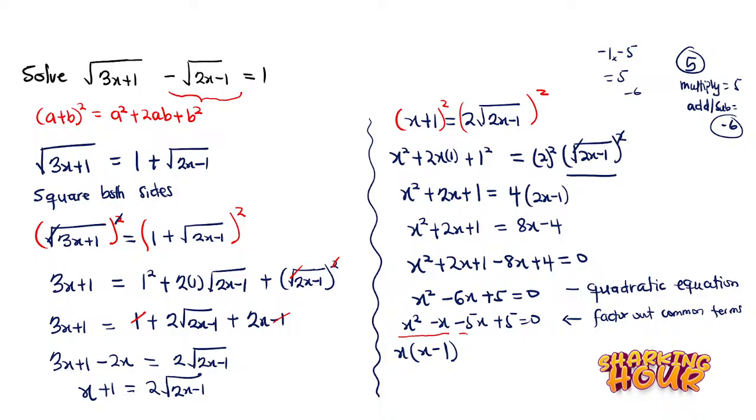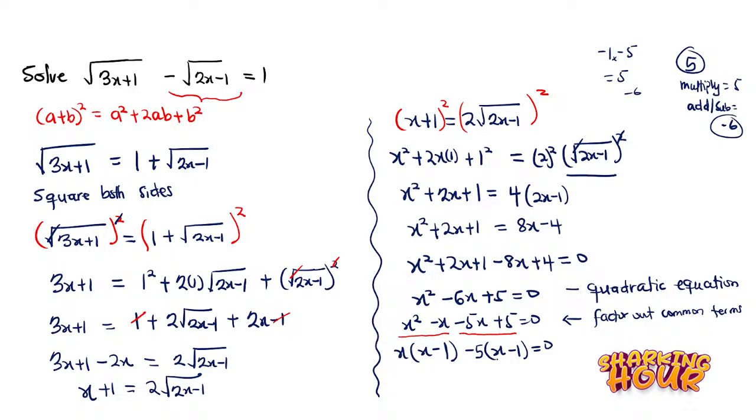Now for the next two, I have -5x and then +5. So if I factor out over here, the common value is -5. So I'll factor out -5. Then I'll have into bracket -5 multiplied by what will give me -5x. This will be x, and then here it will be -1, and this is equal to 0. Now if you look at it, if I expand this, -5 multiplied by x will give me -5x. -5 multiplied by -1 will give me +5.